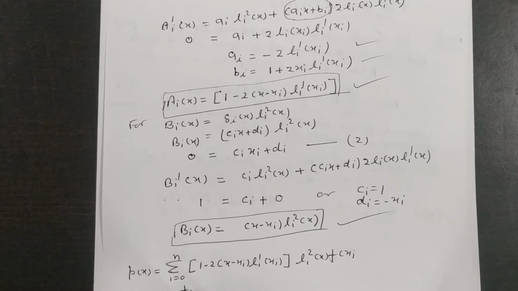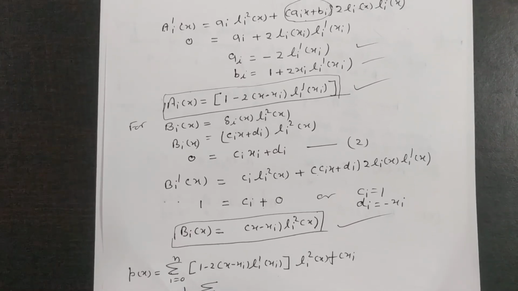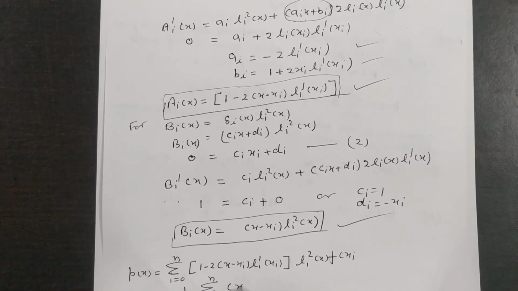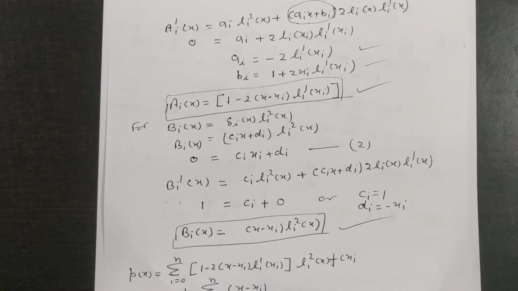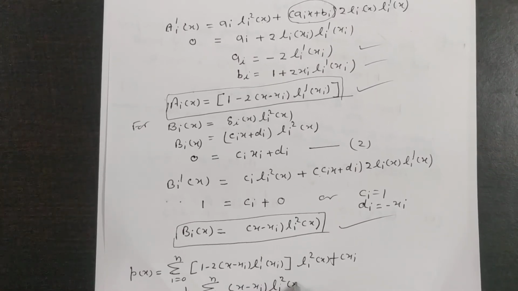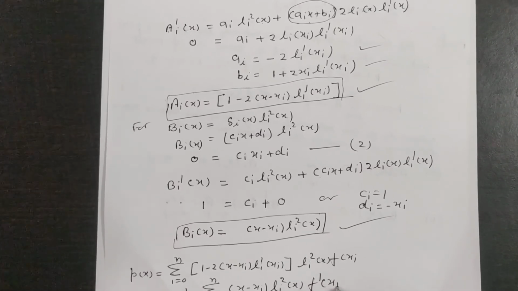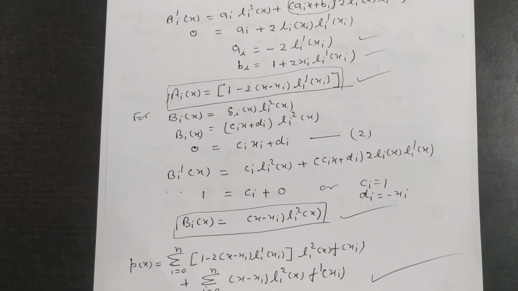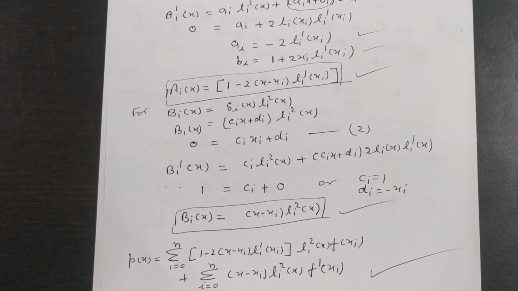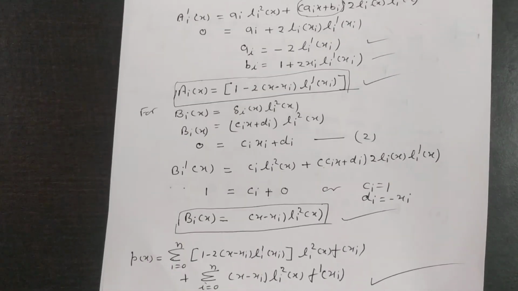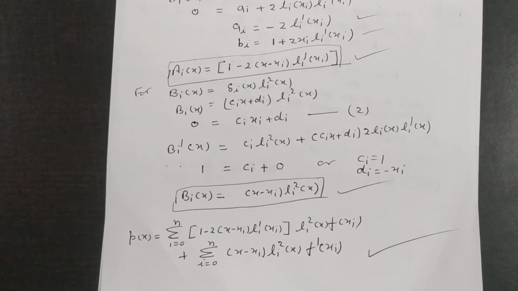Similarly the second term is sigma i varying from 0 to n of x minus xi li square x f dash xi. This is the form that you have to find for the Hermite interpolation. Okay, clear?